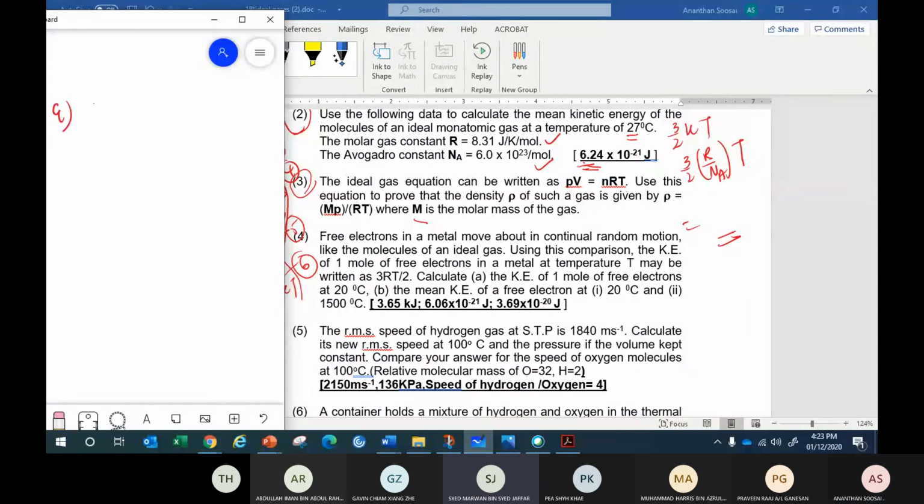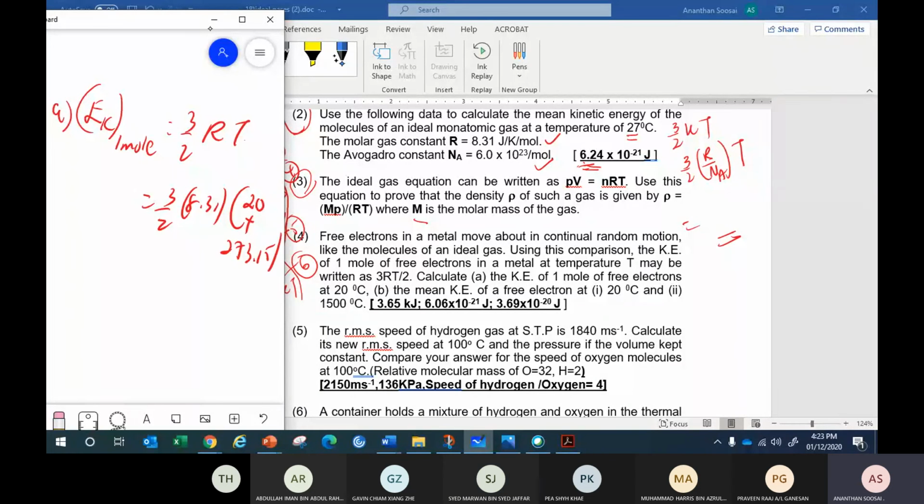So 3 over 2 times 8.31 times 20 plus 273.15 should give you 3.65 kilojoule. That should be answer A, correct?